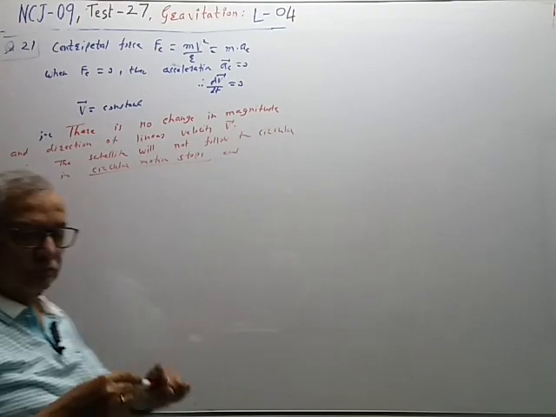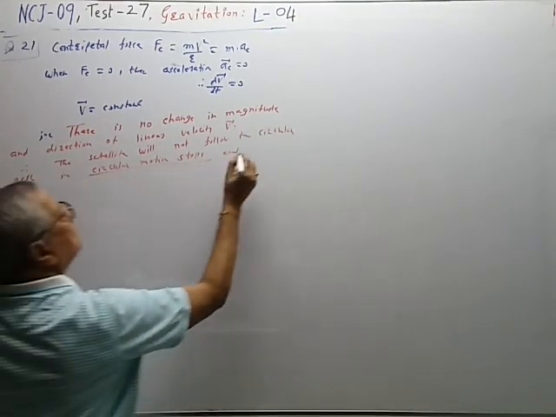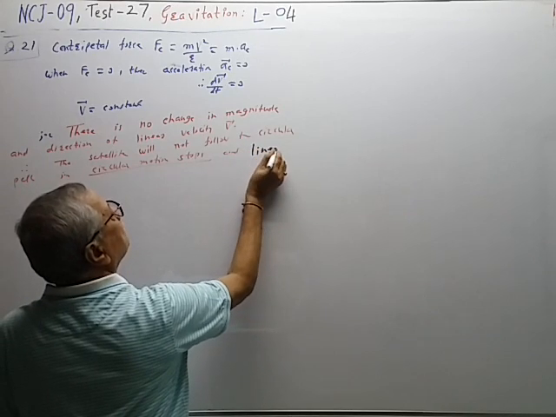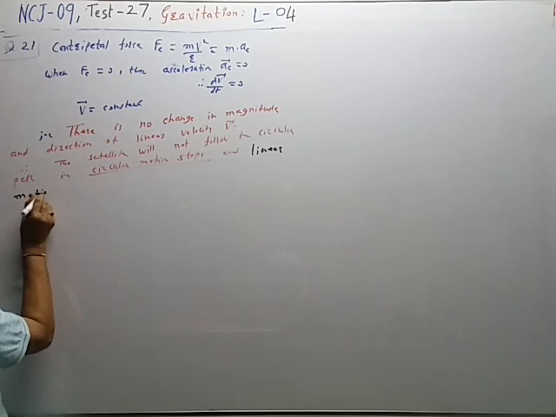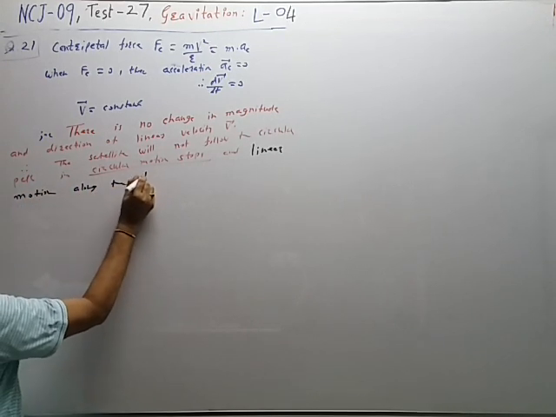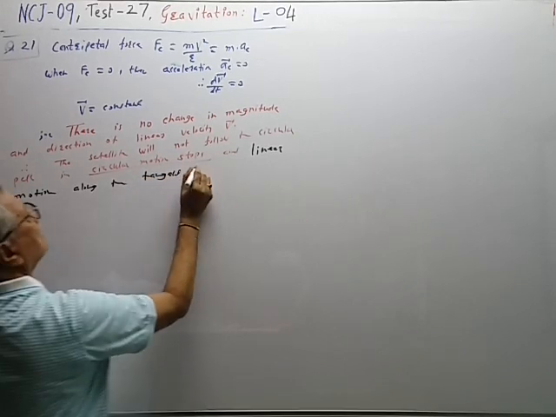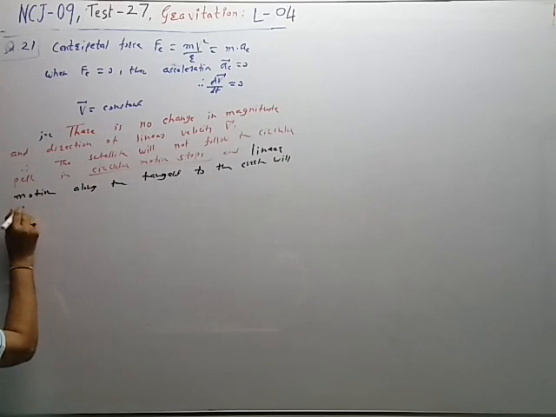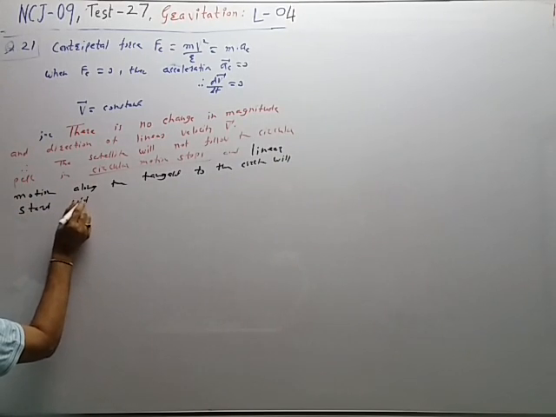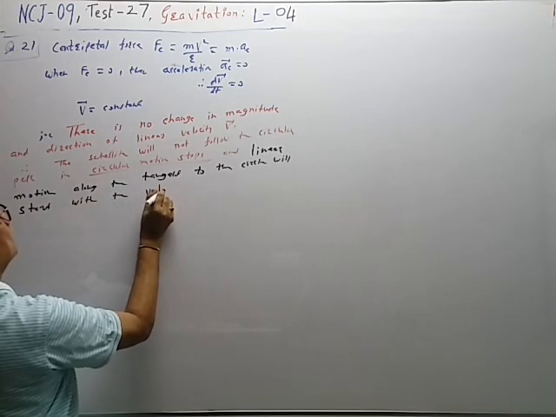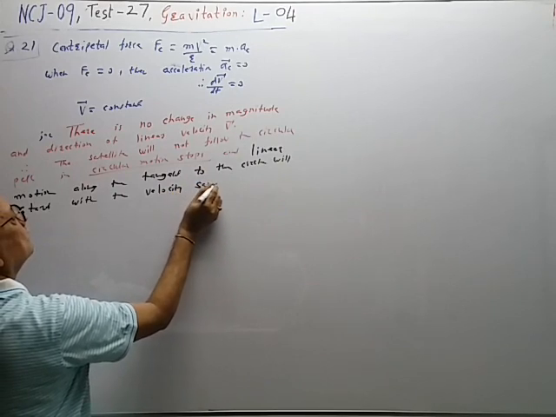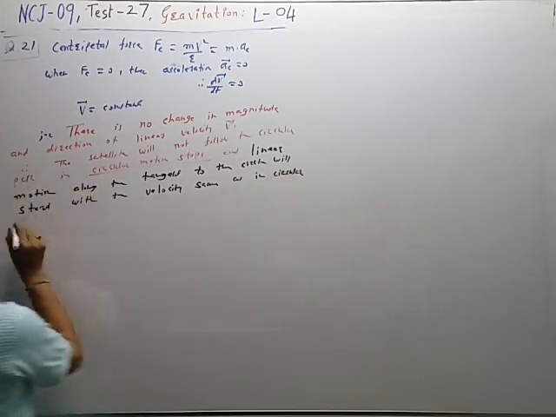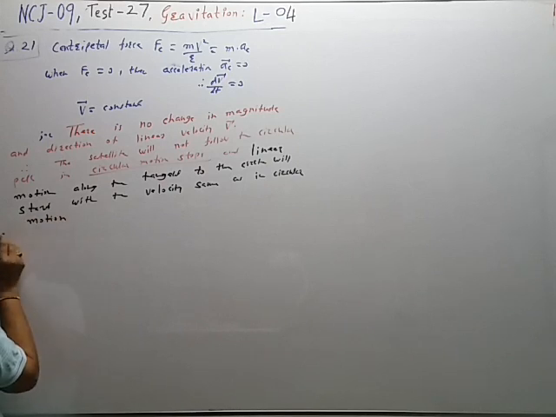And linear motion along the tangent to the circle will start with the velocity same as in circular motion.